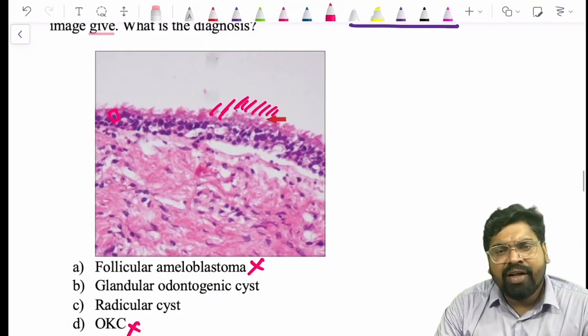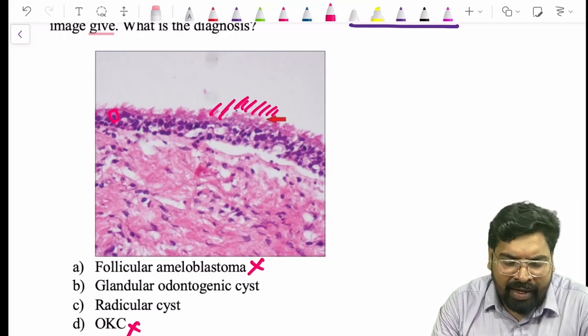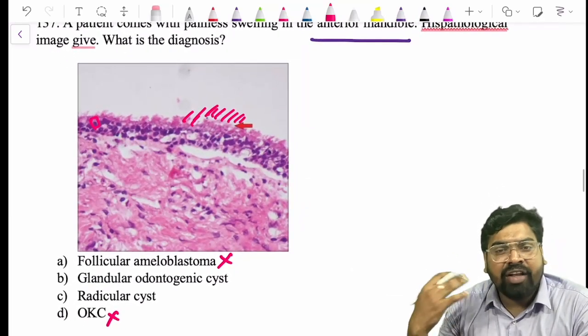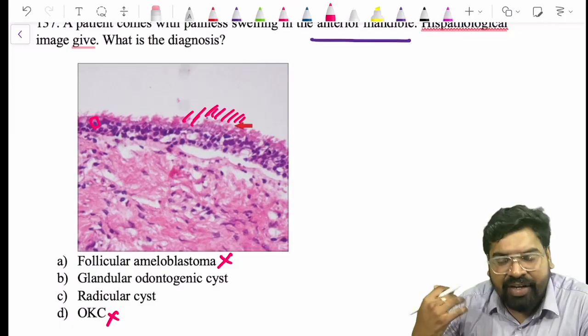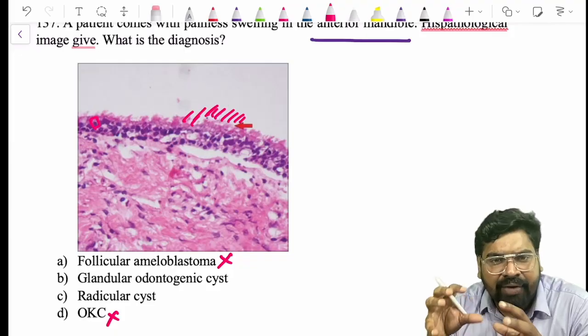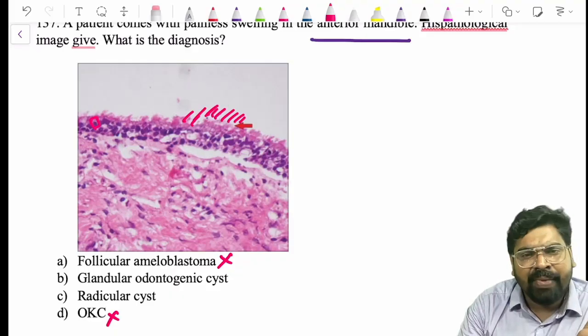And radicular cyst, if you see the video of radicular cyst, it is there in the section of our periapical lesions. Radicular cyst will have a non-keratinized stratified epithelial lining with so much connective tissue entrapment and so many lymphocyte inflammatory cells in the connective tissue.